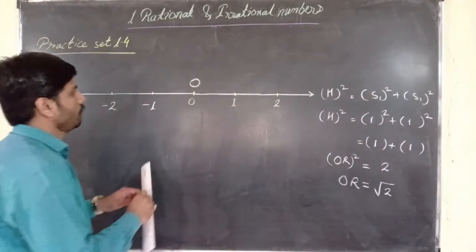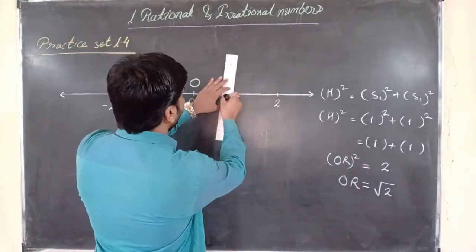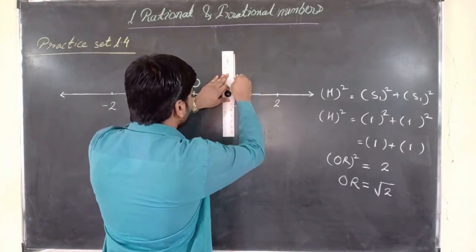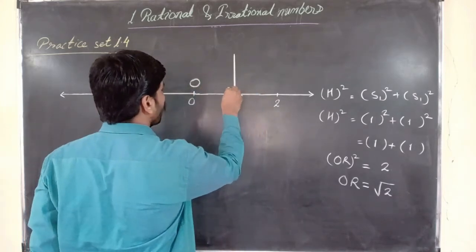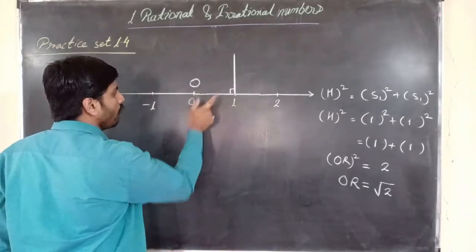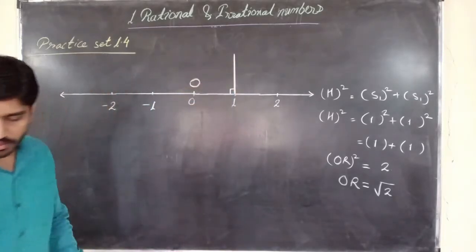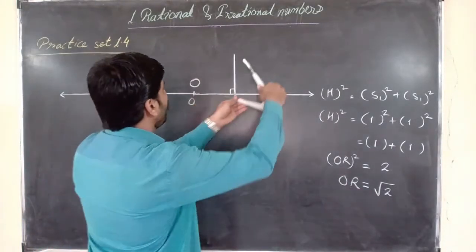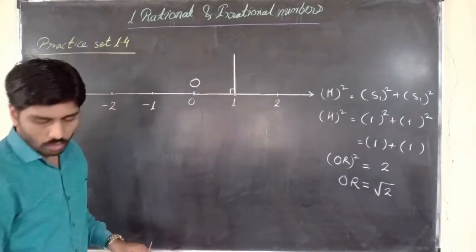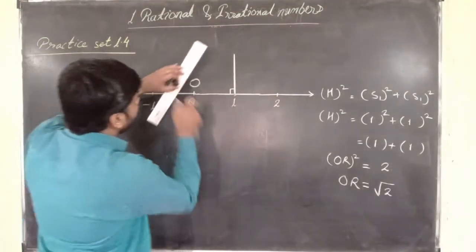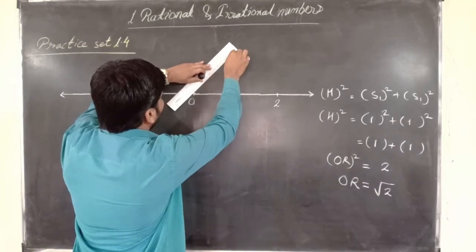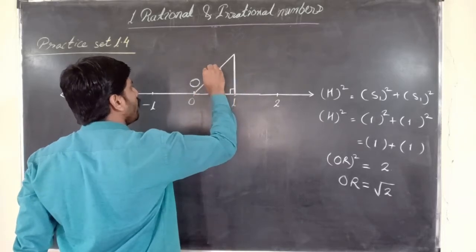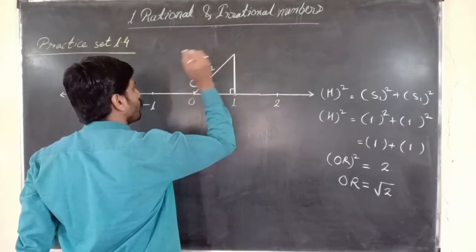So first we will draw a perpendicular from 1. So here we have side 1 having length 1 unit and another side of having the same length, that is 1 unit. So if we join them, here we will get the hypotenuse having length square root of 2.